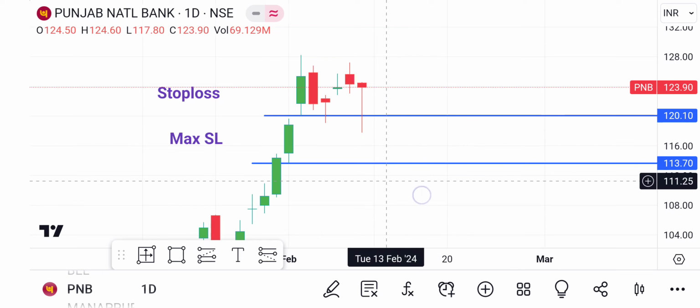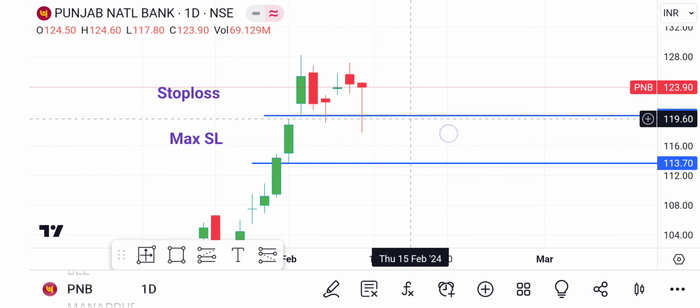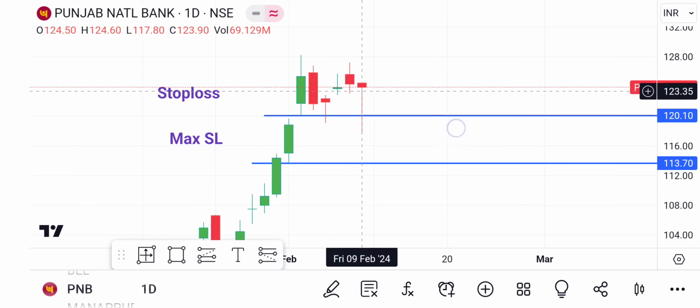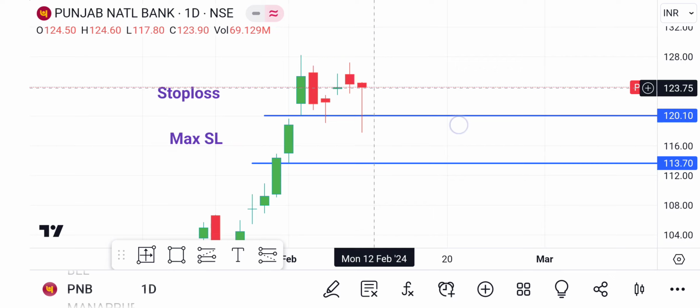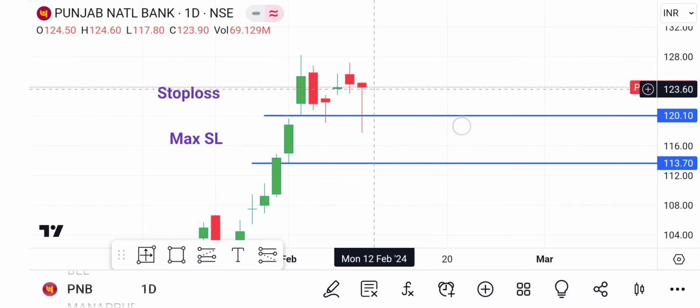Now, what about the point of entry? Where will you enter? You have two places to enter here. The first one would be, if you're entering tomorrow at the opening, suppose the market opens at 123.75, okay, your stop loss would be 120.10, around 3 points.